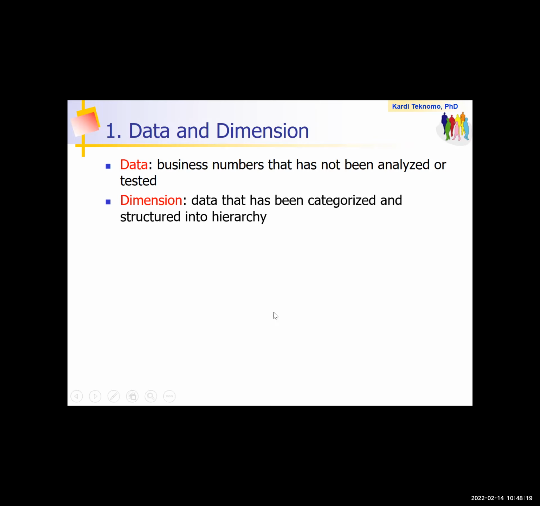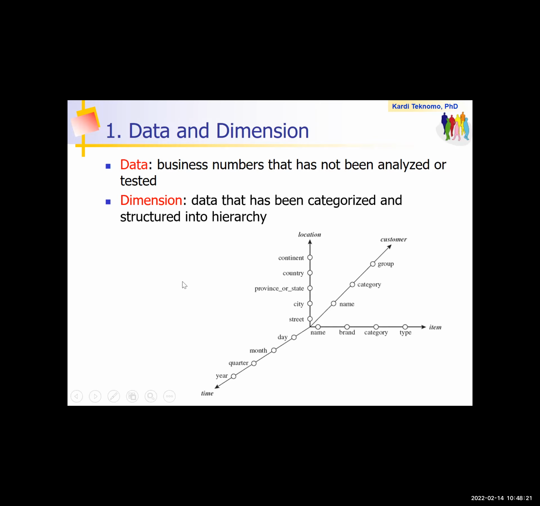What does it mean by having a hierarchy? Something like this. Look at this. So we have 4 dimensions in this example. One is the location dimension, customer dimension, item dimension, and time dimension. See, in the location dimension, we have street, city, province, country, continent.